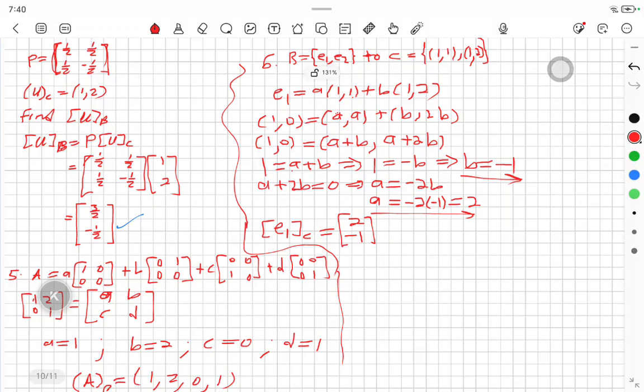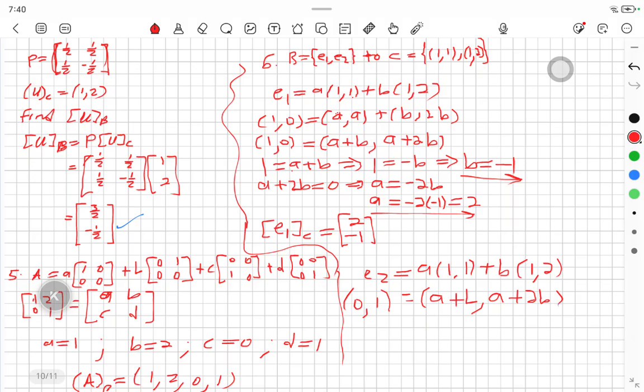Now we look at the one for E2. Now when we look at E2, we're going to say E2 is equal to A11 plus B12. You start here, right? So you don't miss marks. Then this one is 0, 1. Then here it's A plus B. Here it's A plus 2B.